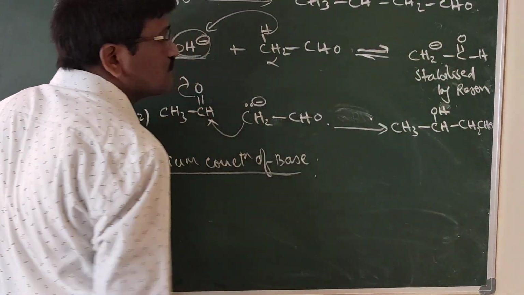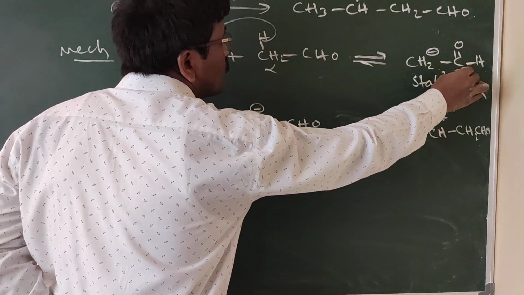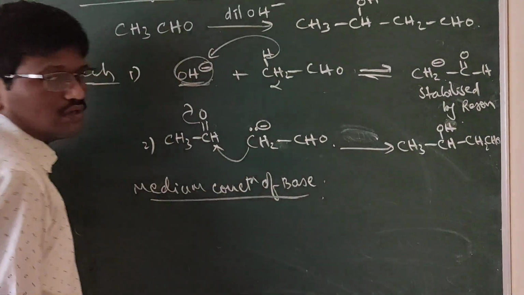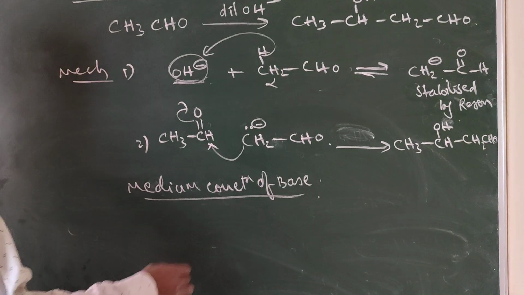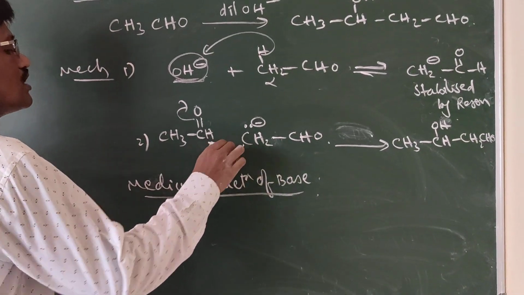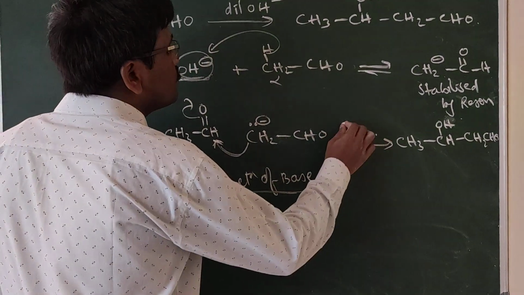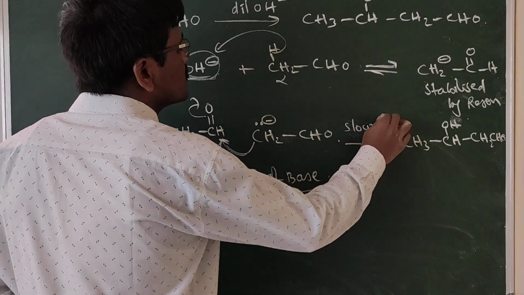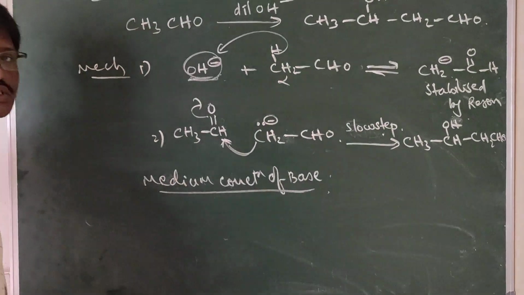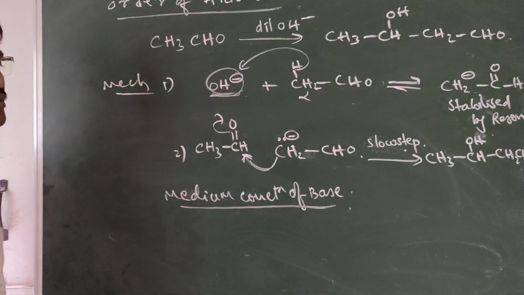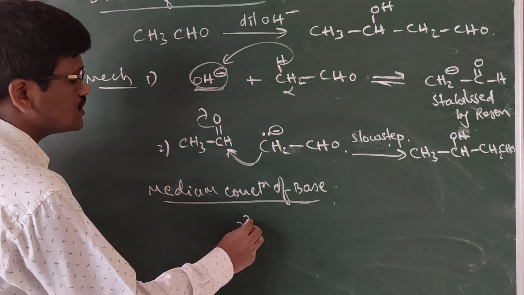The enolate ion is formed, which is stabilized by resonance. This enolate ion can attack the carbonyl carbon. When you maintain the medium concentration, this second step will be the slow step.